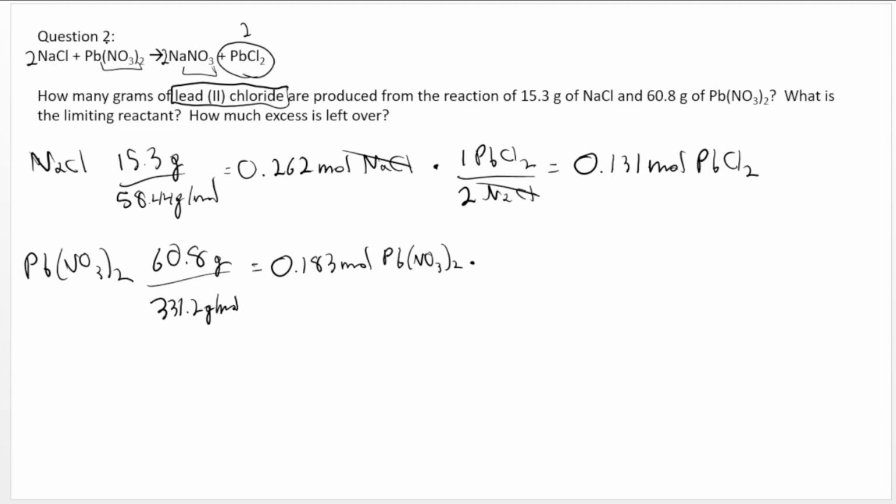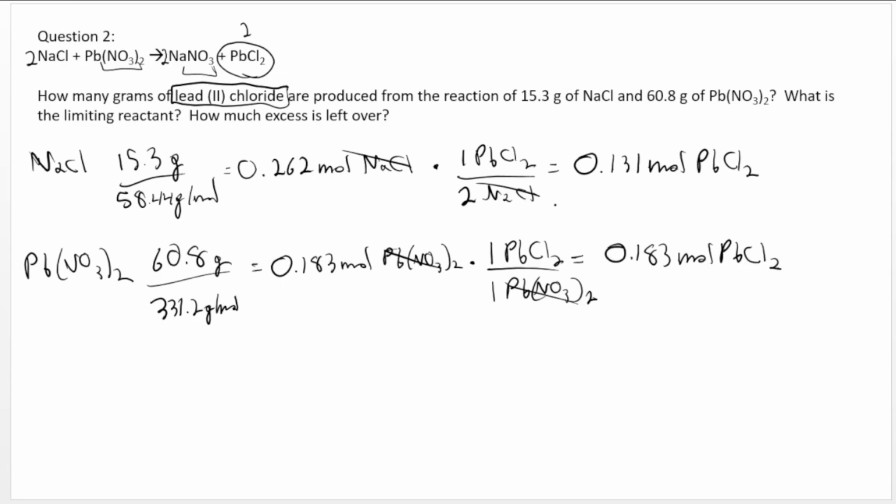Our molar ratio from lead-2 nitrate to lead-2 chloride is a 1-to-1. So we have 1 PbCl2 for every 1 Pb(NO3)2. That cancels out, and we end up with the same number, 0.183 moles of PbCl2.